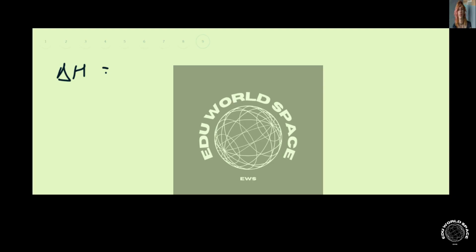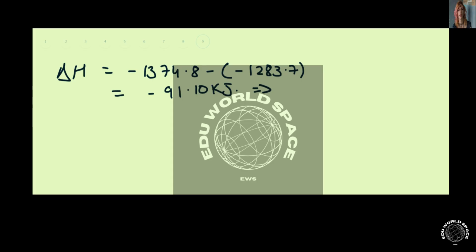Substituting the values, we have negative 1374.8 minus 1283.7. The delta H value is negative 91.10 kilojoules. In this case, the negative value represents an exothermic reaction.